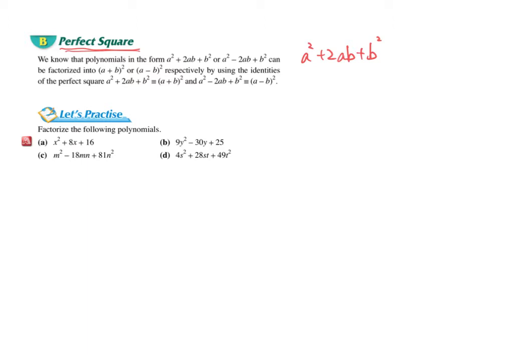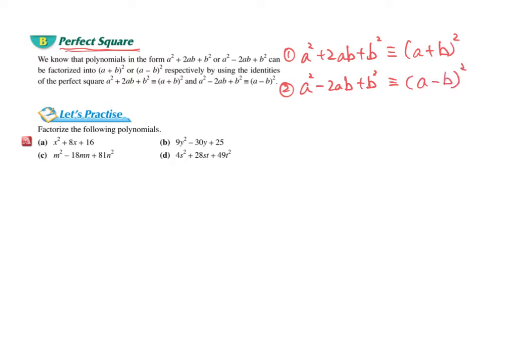And we know that if we factorize this type of expression, it becomes a plus b squared. The second identity has minus 2ab in the middle, so this is the first one, and this is the second one. For this it should be a minus b squared.